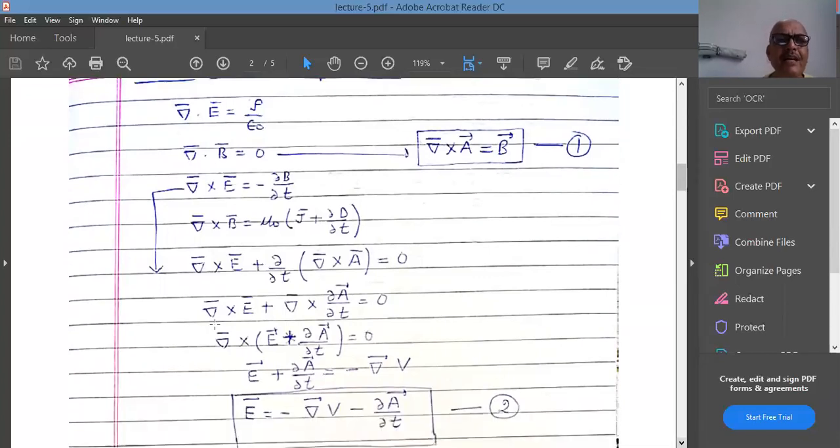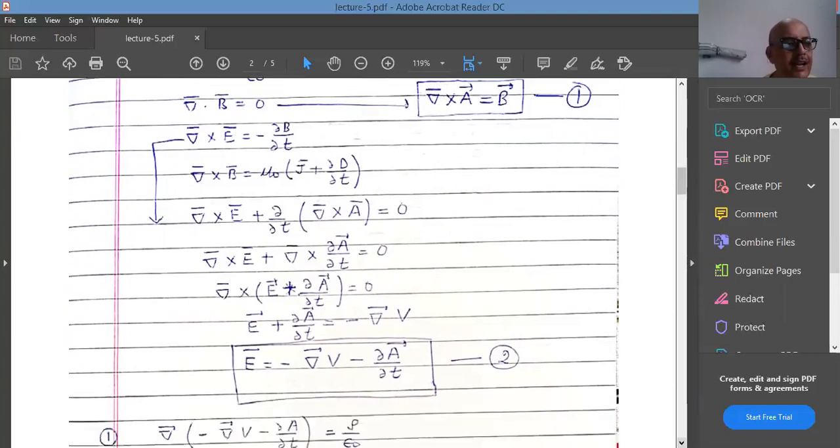Now, in place of curl of E being 0 in electrostatics, here in electrodynamics we have curl of E plus del A over del t equal to 0, and therefore this quantity in the bracket, as per the identity in vector calculus, can be written as minus gradient of V. So E plus del A over del t is minus gradient of V. Therefore we can write E as minus gradient of V minus del A over del t.